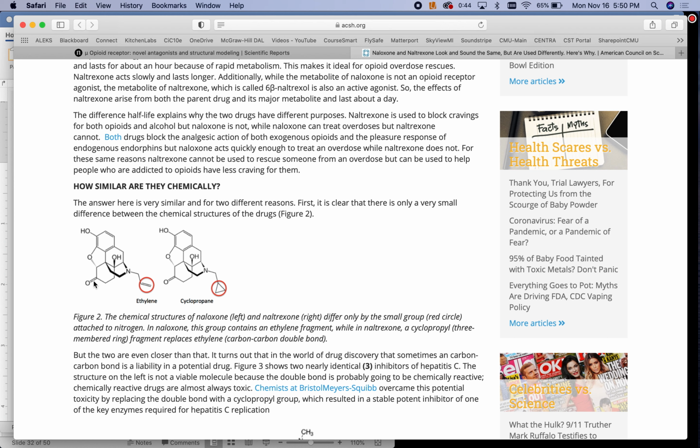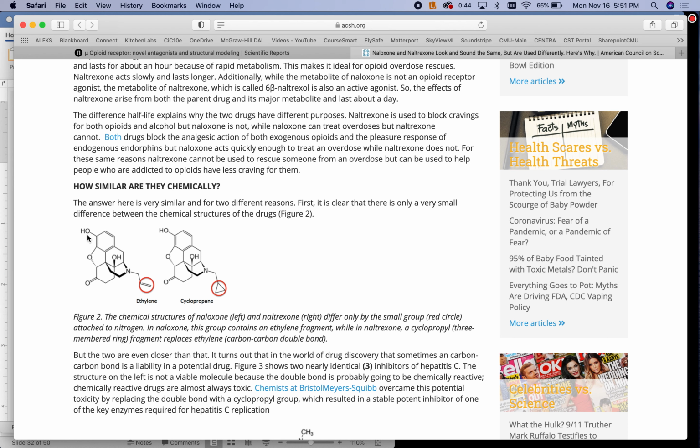This is such a strong binding drug that it will instantly kick out the drug. If this is already bound in the receptor site, this one is so effectively bound, and I guess it has to do with, again, OH groups that can hydrogen bond so effectively that it will kick this off and replace it with that non-harmful drug.